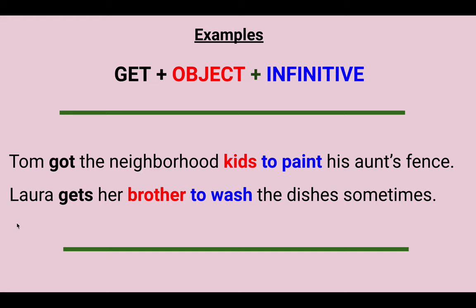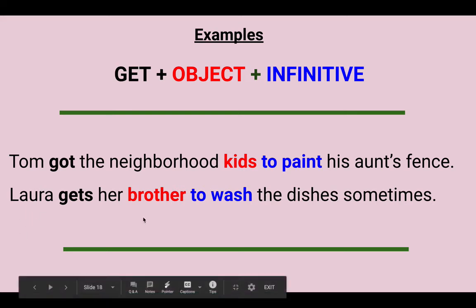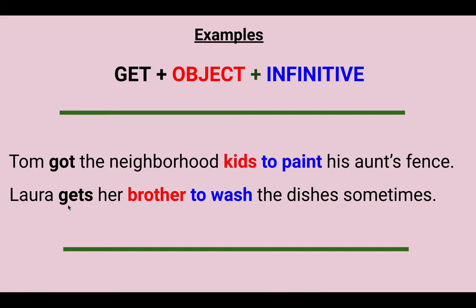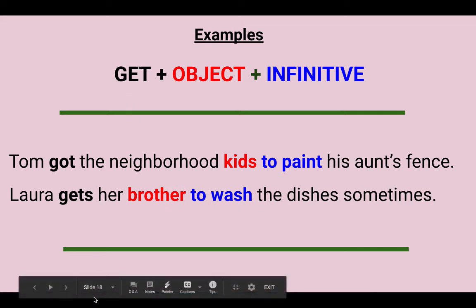In the second example, Laura gets her brother to wash the dishes sometimes. Laura does not wash the dishes sometimes, but she arranges for her brother to do it somehow. She causes him to do it. So the form, causative verb gets, object brother, and the infinitive form of the verb after get.